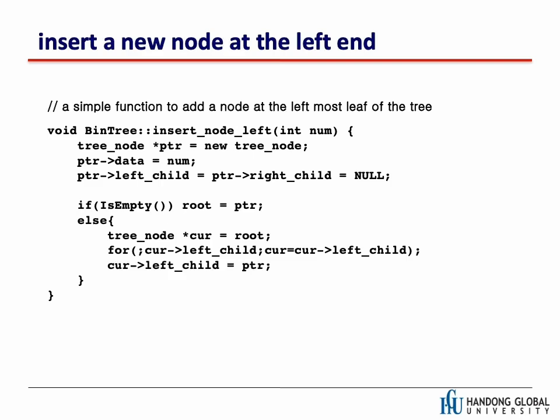At the end of this for loop, cur is pointing to the leftmost leaf node. So now cur left child should point to PTR. That's how we add the new node. Again, this is not a general insertion function. This is one really simple extreme case.